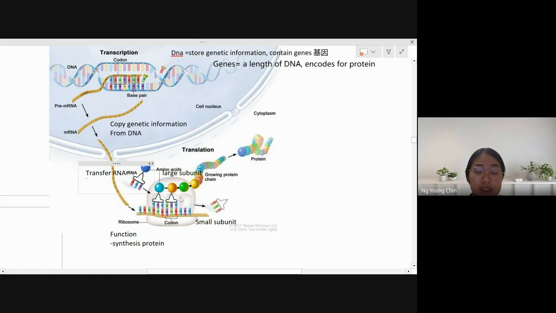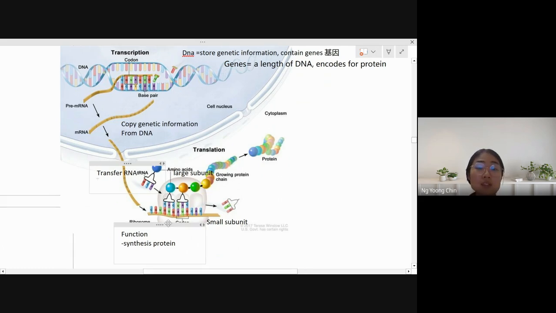By this way, they are able to form the polypeptide chain by joining the peptide bond between the amino acids in the ribosome. This is the way they produce proteins from the DNA, always by transcription and translation in the ribosome.